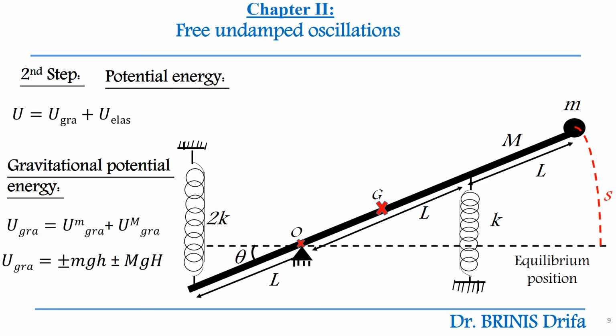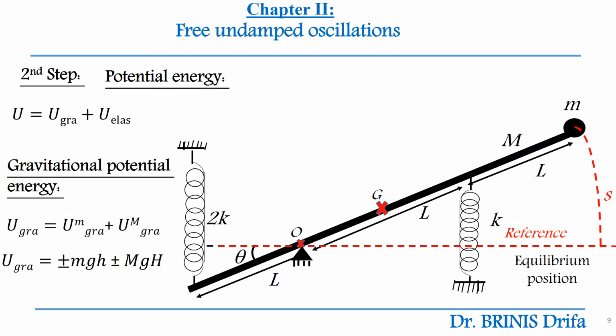What is the h and capital H? H and capital H are the vertical distance between the current position of the mass and the reference. So here, for gravitational potential energy, we always need a reference.